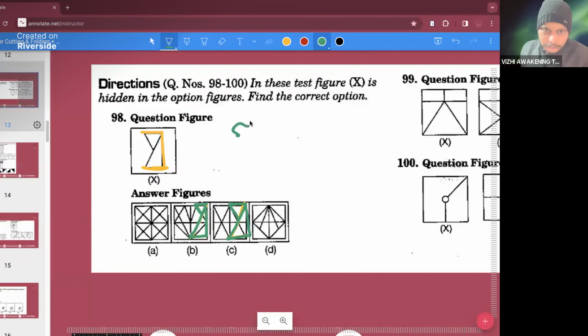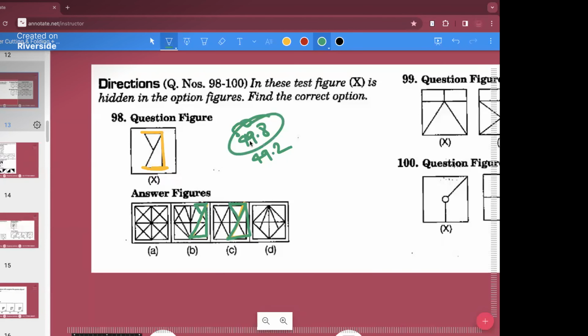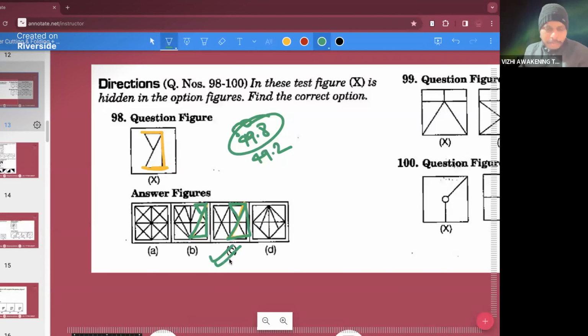Which one is closer to 50, 49.8 or 49.2? Which one, guys? This one? 49.8. Yeah, 49.8. So obviously you will go ahead with option C, even though in option B this element looks strikingly similar to the question figure X.